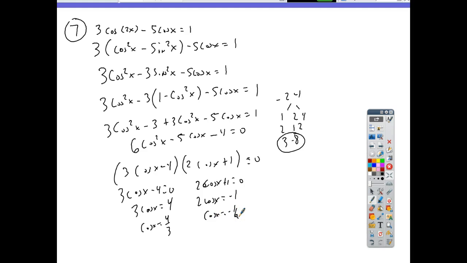All right, what values of x give us 4/3? What values of x for cosine give us 4/3? How would I figure that out? Miss Faulkner, do you remember? He wants to know what values of x give me 4/3 for cosine.